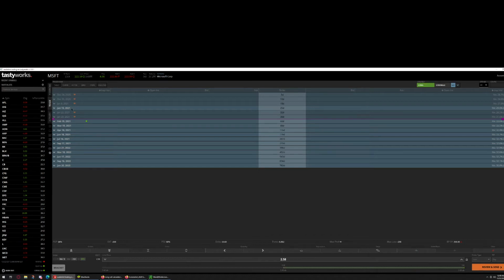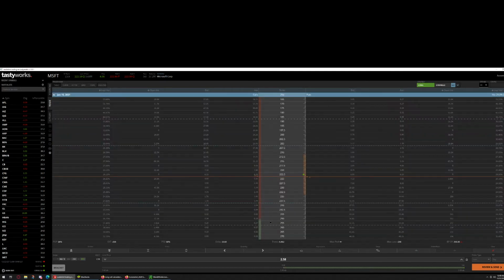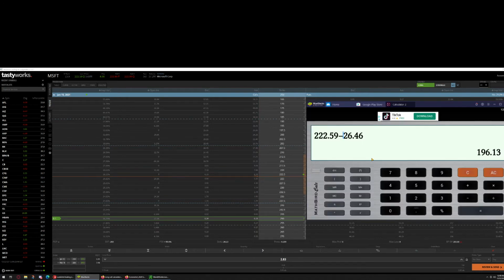Normally the monthly expos are better to mark, but you can also mark the weeklies, which I'll get into in just a moment. So I'm going to look at the January 15th 2021, and I always go back to the same strike price, the 250 here. Then we have to do the IV calculations again.